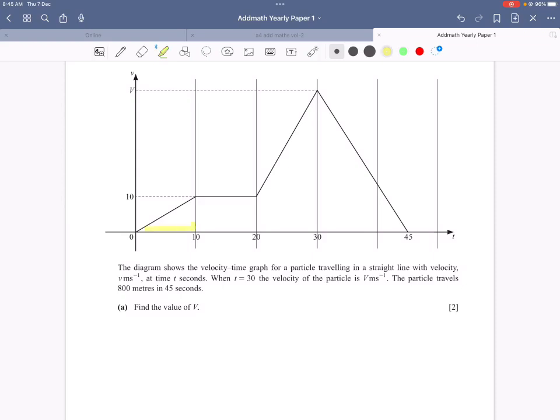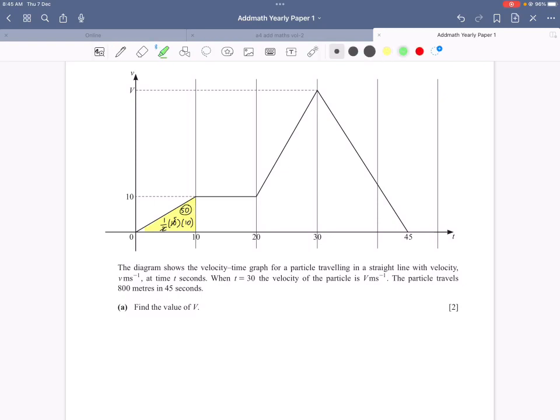So this one, it's a triangle, right? So you can find the area of a triangle. It's very simple. 1 over 2 base into height. So 1 over 2 and the base is 10 and height is 10. So when you simplify, you get 50. So 50 is the area of this part.